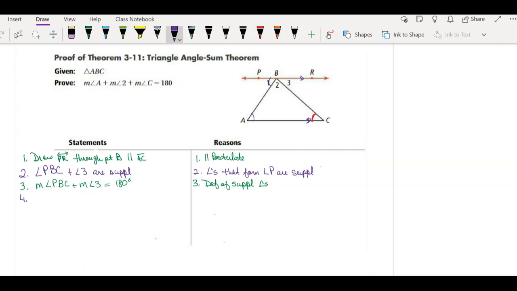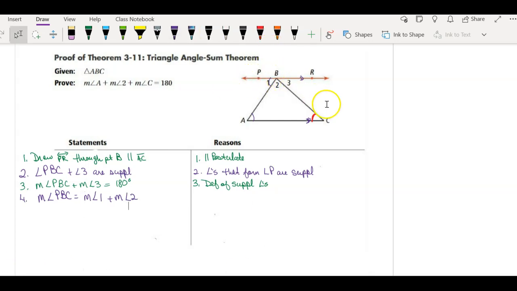Okay, so I need to get this in terms of angles 1, 2, and 3 instead of angle PBC plus angle 3. So I'm going to say that the measure of angle PBC is equal to the measure of angle 1 plus the measure of angle 2.